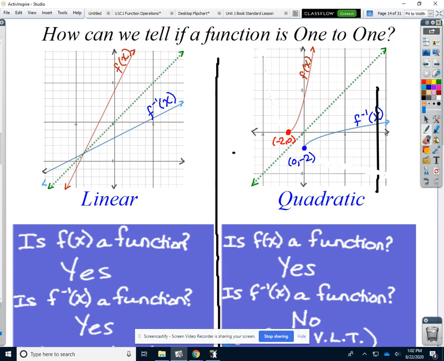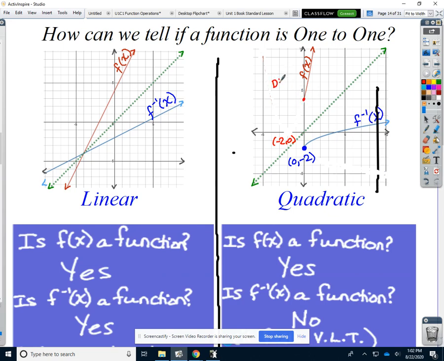Would this have been possible to restrict if I went all the way up to here? What if I erased all of that? Could I change the domain to start somewhere else? How about we even make it start here? What if I change the domain of this one so that it starts at the point 0, 4?